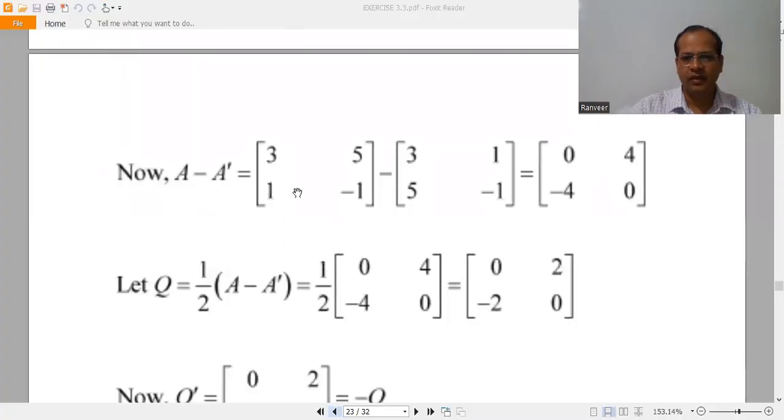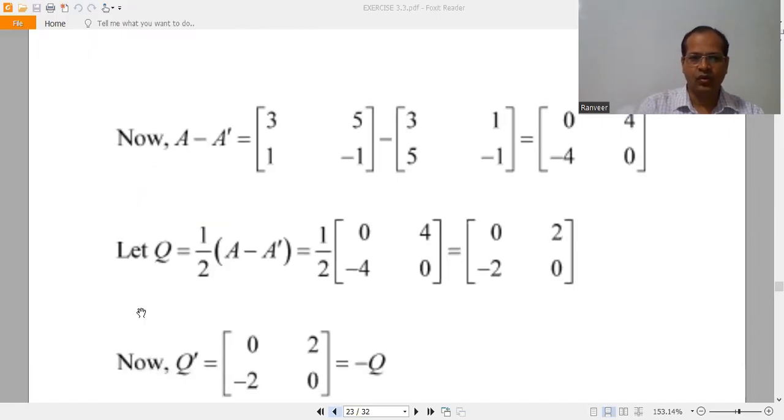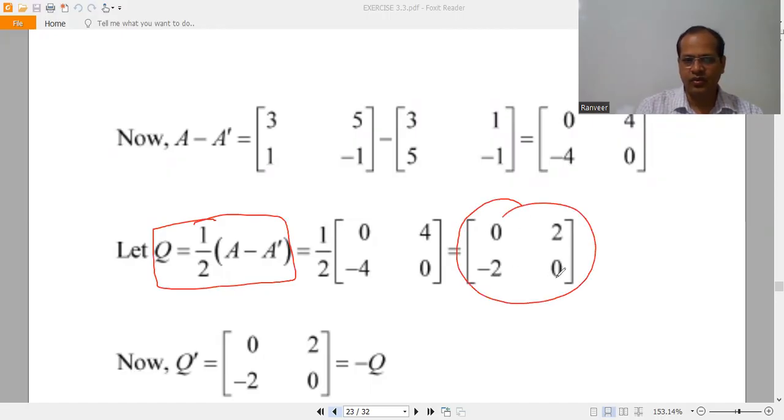Now for A minus A transpose, we represent half of A minus A transpose as Q. First we find this value, half of [0, 4; minus 4, 0], and after doing this we get [0, 2; minus 2, 0], and this is equal to minus Q. Once we take Q transpose, it is equal to minus Q. You can check that both values are the same but with the negative sign.